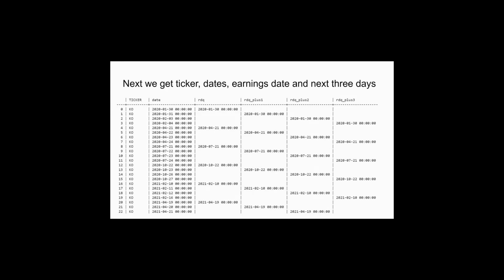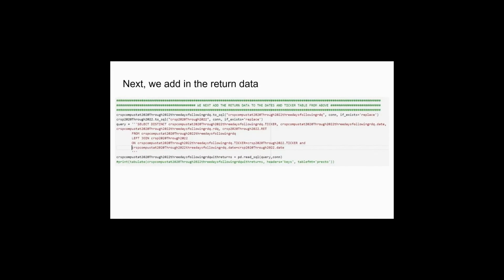And then once we have the returns for each of the 3 days, we're going to accumulate those returns, and say the 3 day return after the earnings announcement is equal to this return times this return times this return, and that 3 day return is going to be in the same row as the original earnings announcement.